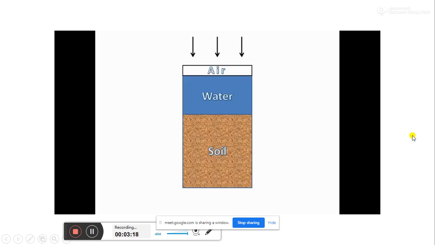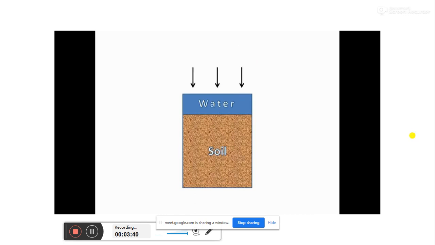In this diagram we can see that during consolidation the air first goes out as soon as load is applied, which is known as compression, and this is followed by the expulsion of water from the soil layer.